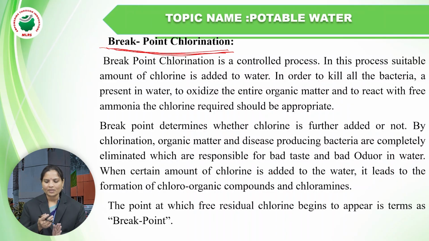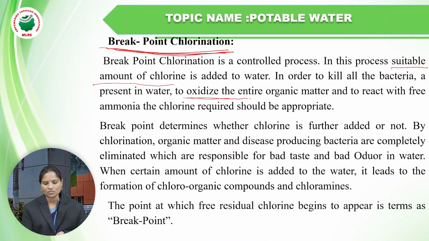But in breakpoint chlorination, a suitable, particular amount of chlorine is required. This required amount of chlorine is added to the water, and then the disinfection process takes place in order to kill the bacteria. When the required amount of chlorine is added to the water, oxidation takes place.